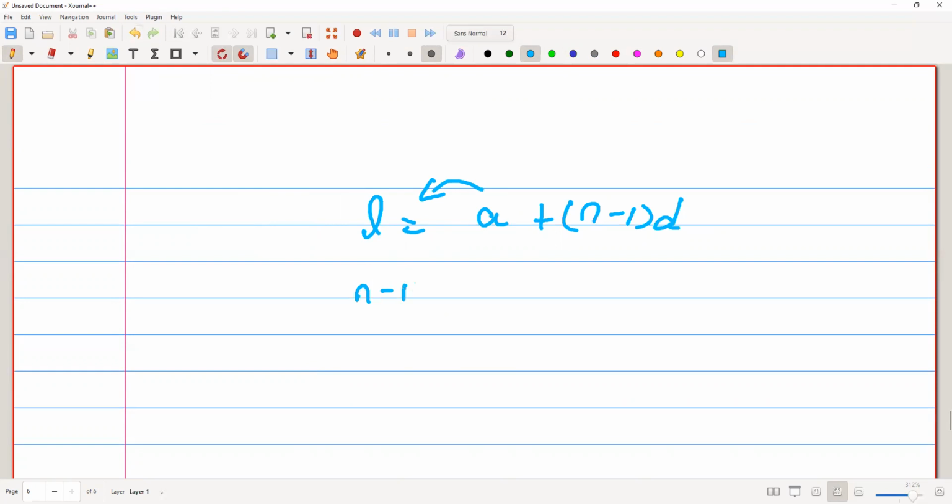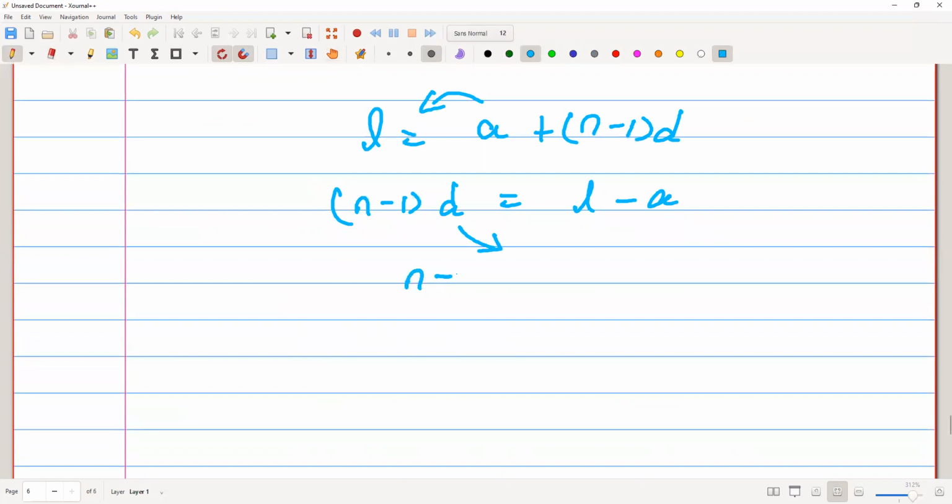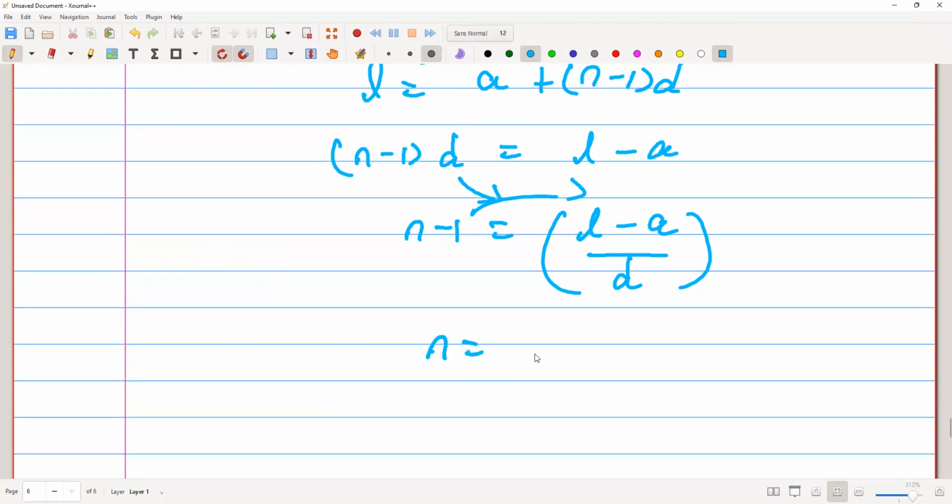It becomes n minus 1 into D equal to L minus A, last term minus first term. This D goes here. So n minus 1 equal to last term minus first term divided by common difference D. This minus 1 goes here. So n equal to L minus A divided by D plus 1.